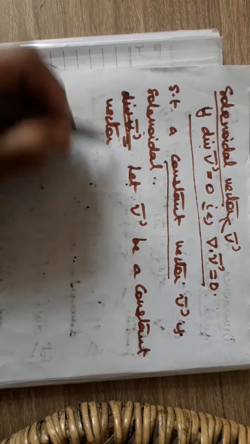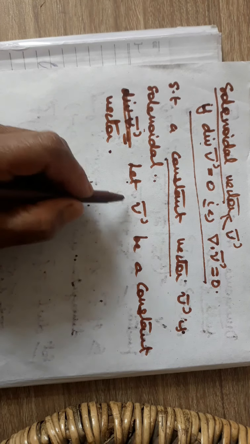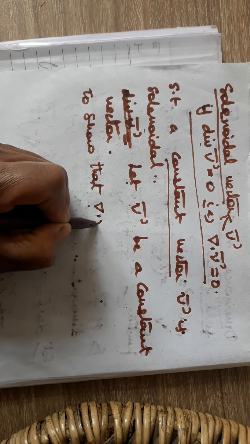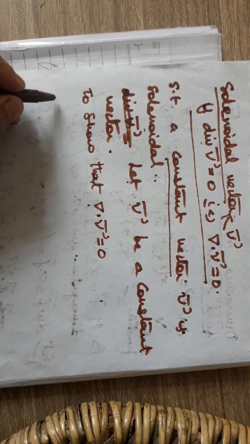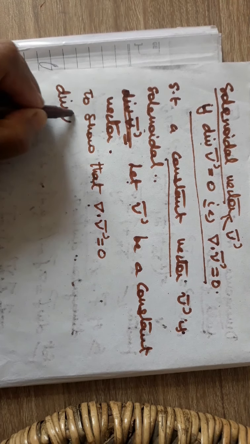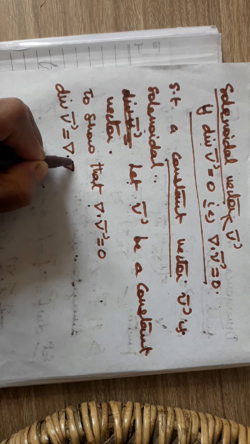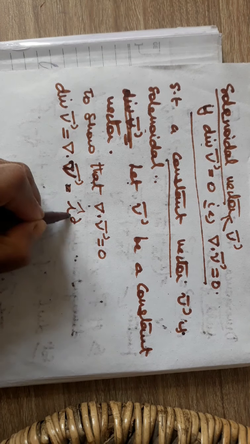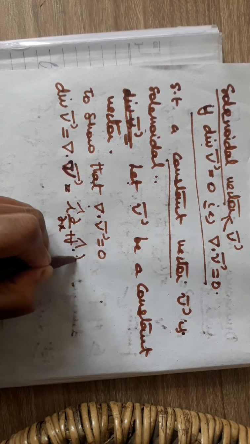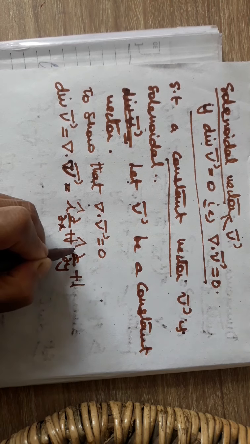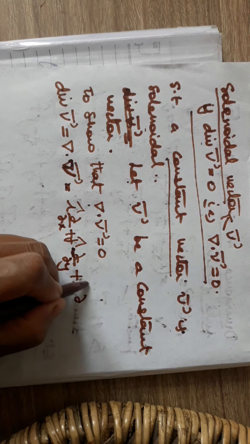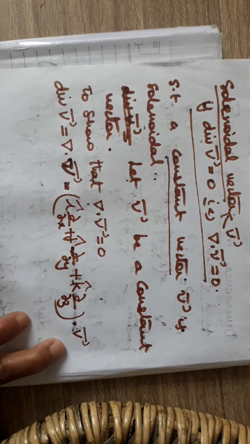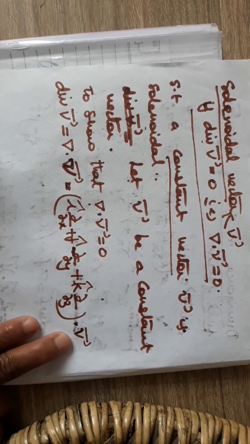Let v bar be a constant vector. Now what we have to show is that del dot v bar is equal to 0. So we have the divergence of v bar, which is del dot v bar, which is equal to (i del/del x plus j del/del y plus k del/del z) dot the vector v bar, where v bar is a constant vector.